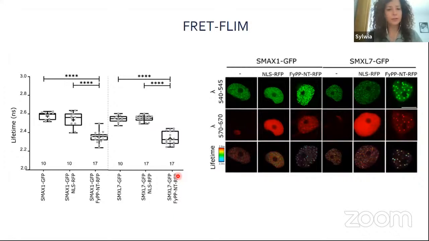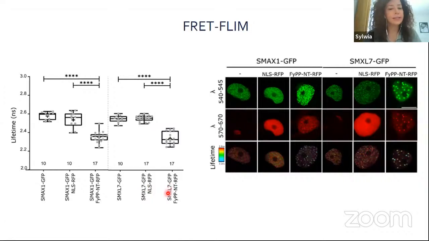If these two proteins are interacting, or are in close proximity to each other, there can be energy transfer between the donor fluorophore GFP and its acceptor, FYPP NT-RFP. And if this happens, then the average fluorescence lifetime of the donor, so SMAX7, will decrease.